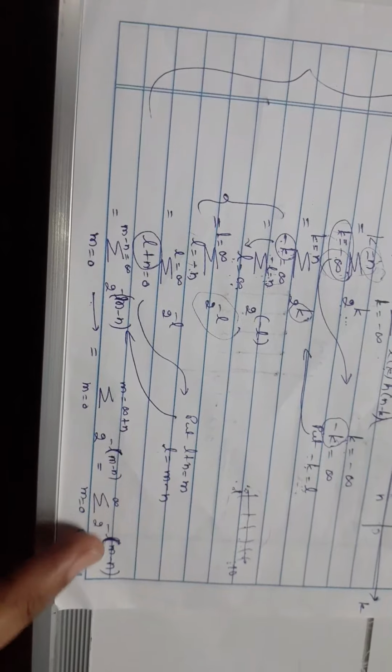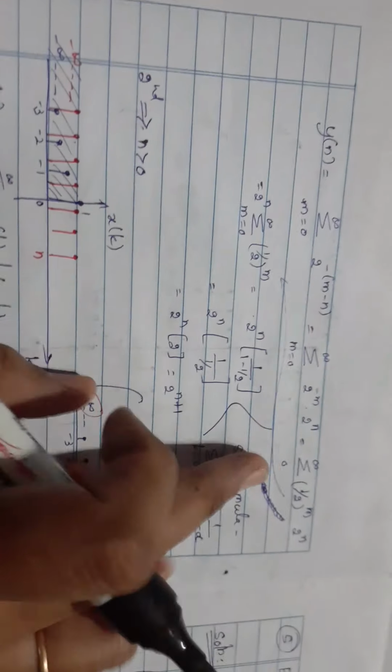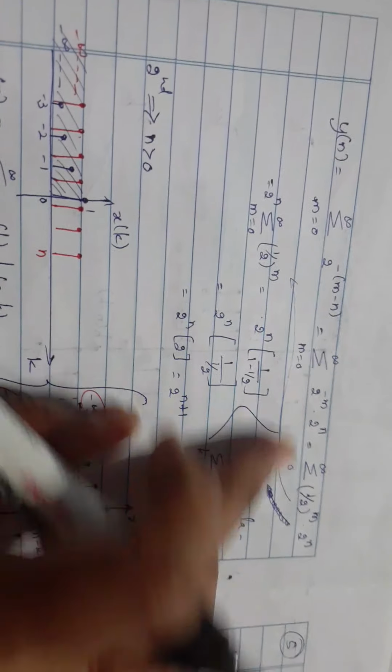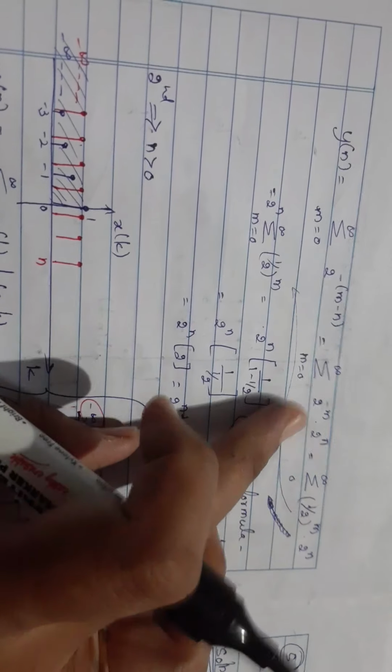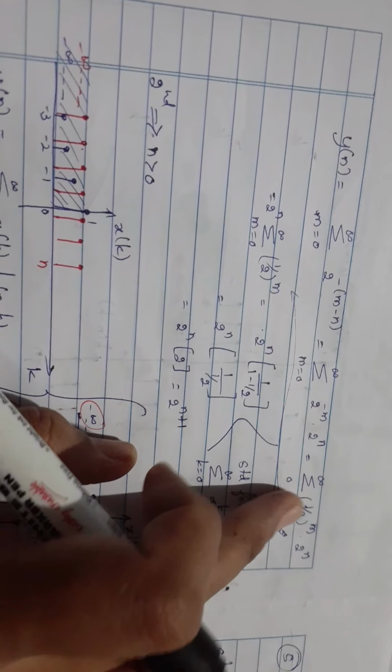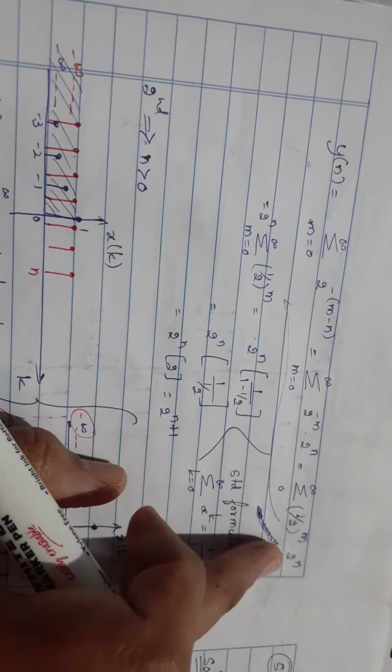That's what we have got here. If you split it, 2 to the power of minus m is 1 by 2 raised to m. This minus sign I have taken by taking 1 by 2. Then 2 raised to n.